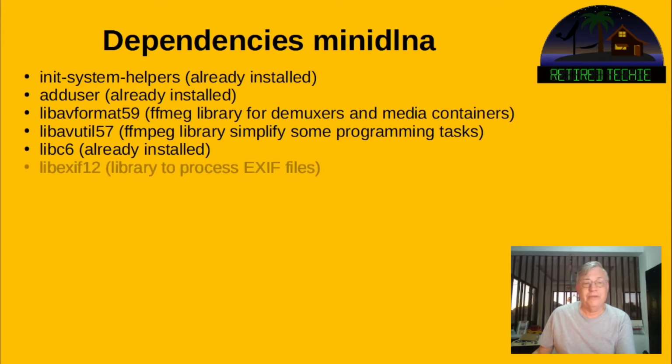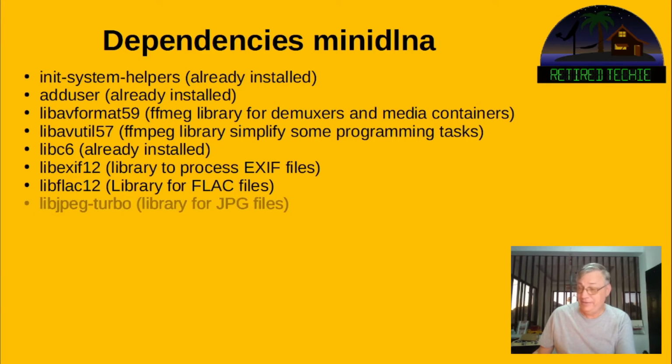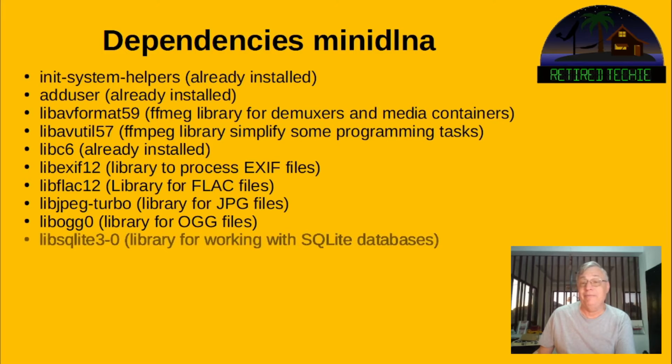libexif, again, media file types. libflac, another media type. libjpeg, another media type. libogg, another media type. libsqlite. Remember I said that minidlna keeps the database? Well, this is the database it uses, SQLite. libvorbis, another media codec.